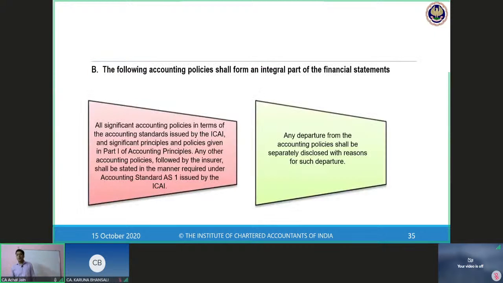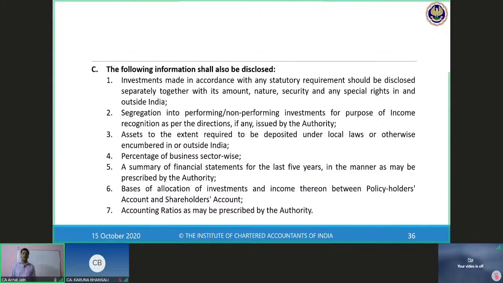Let's look at the accounting policies. All significant accounting policies as per the accounting standards and the significant principles and policies given in part 1 of the accounting policies, and any other accounting policy followed by the insurer, shall be stated in the manner required under accounting standards. Any departure from the accounting policies shall be separately disclosed with the reasons for such departure, and the impact should also be quantified in such a case.